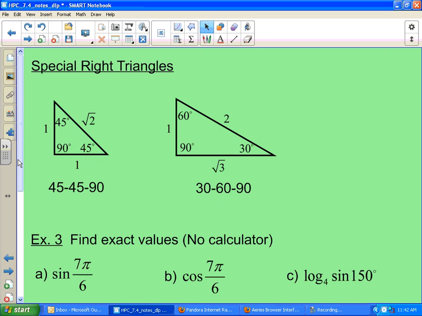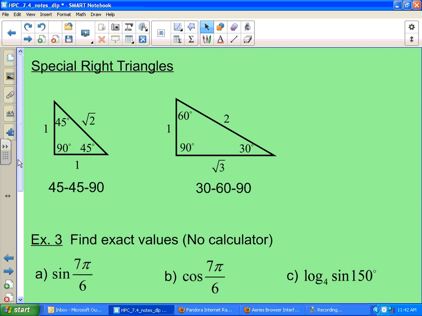Remember that first day we looked at it and said, you guys are going to know this stuff by the end of these first two chapters. These two triangles create all of those special values. What makes them unique is their ratios, their sides' ratios.